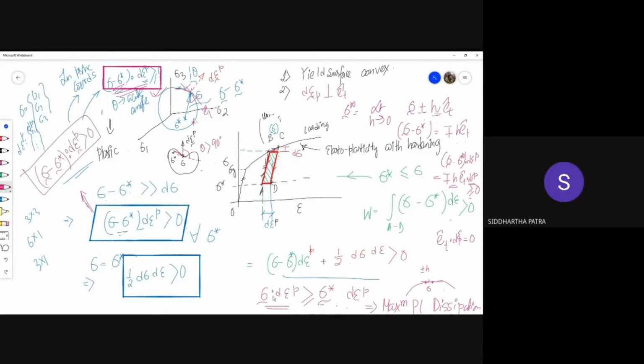You see this inner product right here is more than the other inner product. So for a given strain rate, or for a given plastic strain increment, you arrive at a given stress value so that you have the maximum dissipation of all the possible stresses that you can have.